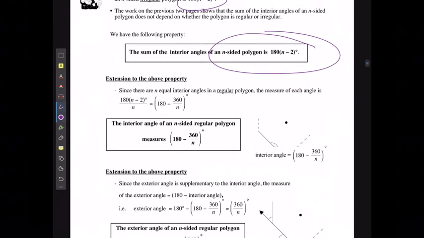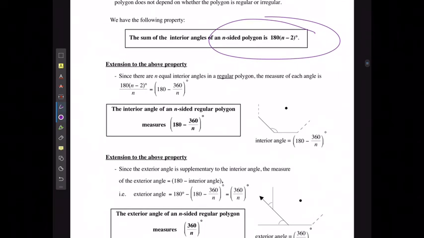Now, if we're extending that concept, since there are n equal sides to any regular polygon, the measure of each angle is going to be the total angles divided by the number of sides, because the number of sides is going to match the number of angles inside. Or if I divide everything by n, I can simplify it to (180 minus 360 over n). It's going to give me the same thing.